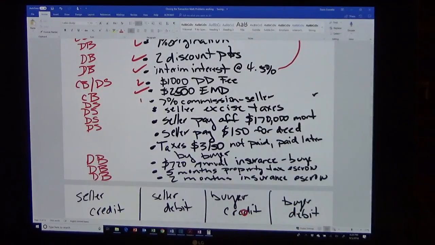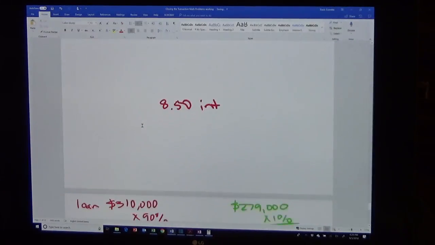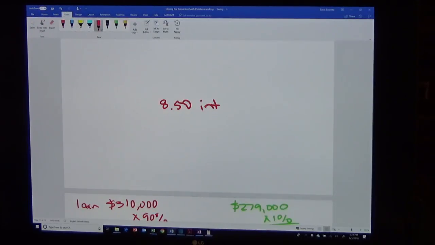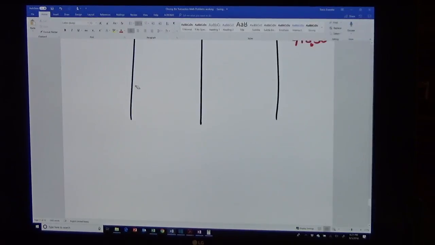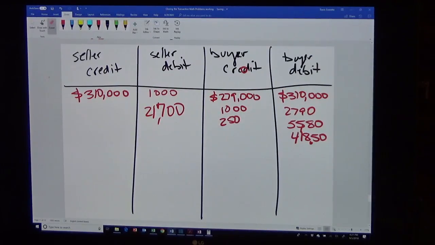Okay, seller pays excise taxes. Well, we know the excise taxes are the sales price divided by 500. So the excise taxes are going to be, I don't know why that's there. Get rid of that. The excise taxes are going to be sales price of $310,000 divided by 500.